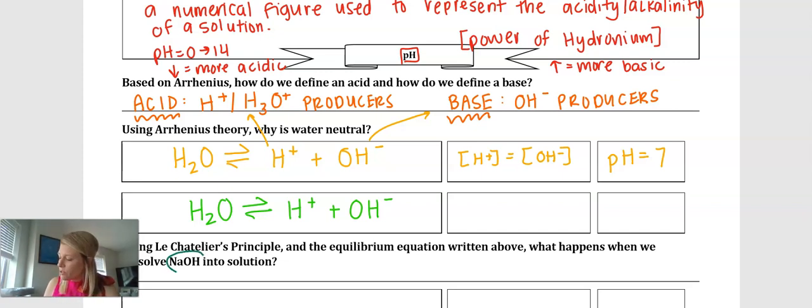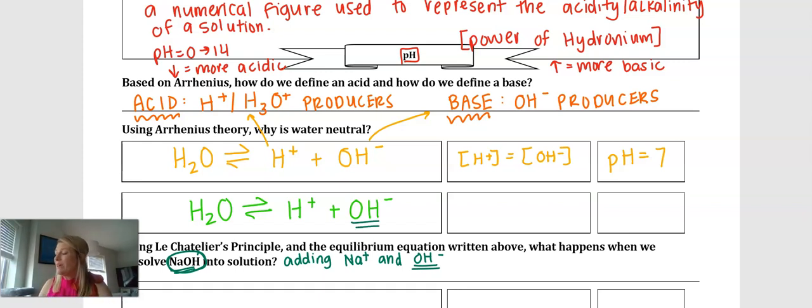So when we say that we're dissolving NaOH into solution, what we're really referring to is adding Na plus ions, but more importantly, OH minus ions, because remember, NaOH is ionic, it dissociates, it breaks apart into Na ions and OH ions, okay? So when I add NaOH into solution, note that we're really talking about the addition of OH minus.